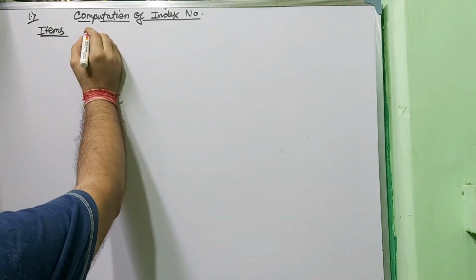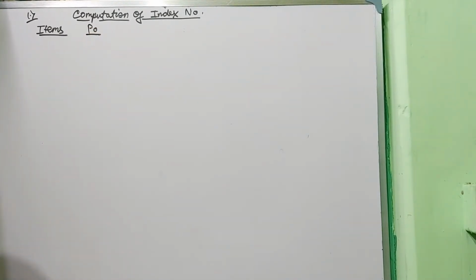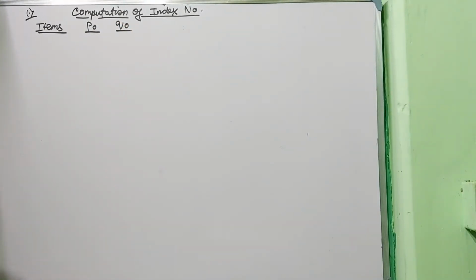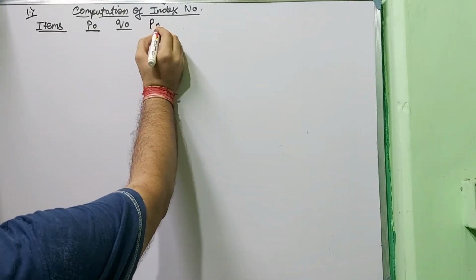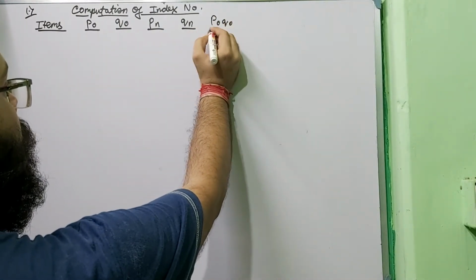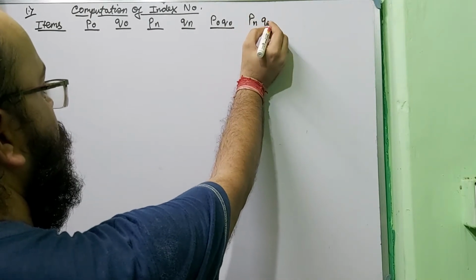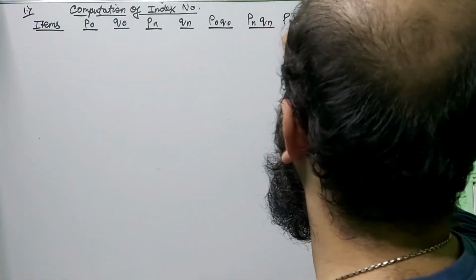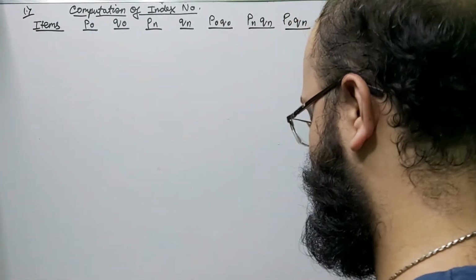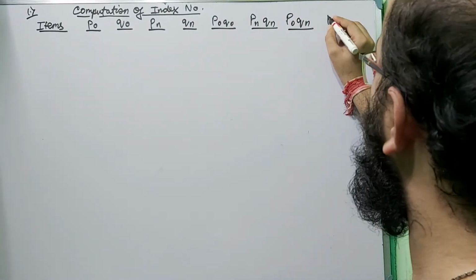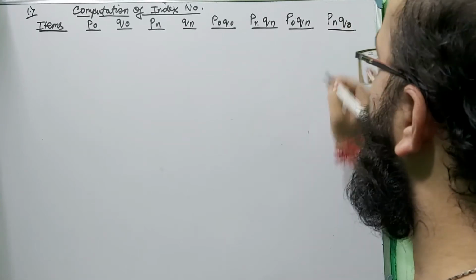Next part is price, which is base year P0, base year quantity Q0, current year price Pn, current year quantity Qn. What are the requirements? P0Q0, PnQn, P0Qn, and finally PnQ0, right?